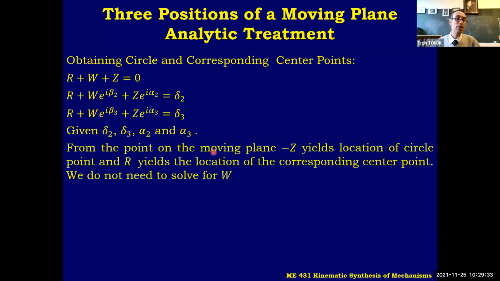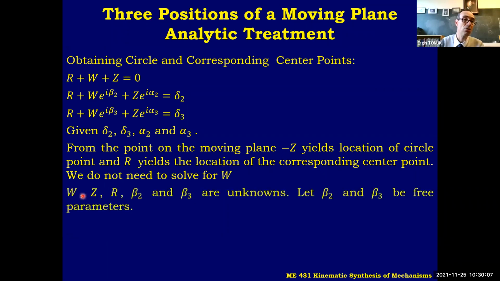Now, when we start from the representative point on moving plane, negative z yields the location of the circle point or the moving pivot, and r yields the location of the corresponding center point. And as I said, w would be redundant for that case, but if you like, you may solve for it to check your equations. What do we have as the unknowns?